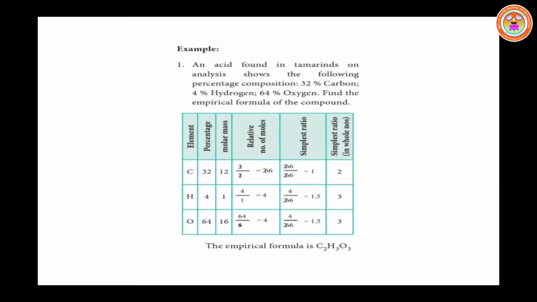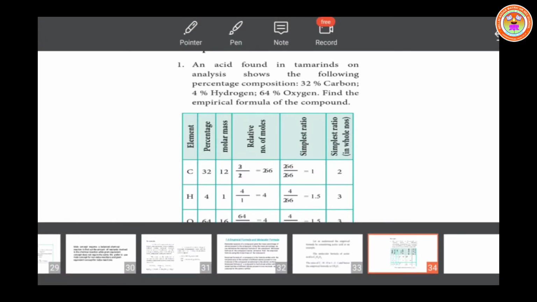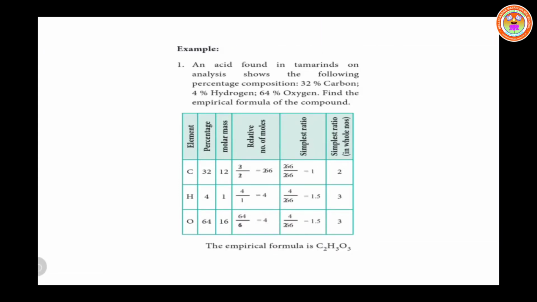To calculate the empirical formula of the compound, we have to prepare a table. The table should be divided into 6 columns. In the first column we should write the elements, and in the second column the percentage of the elements.